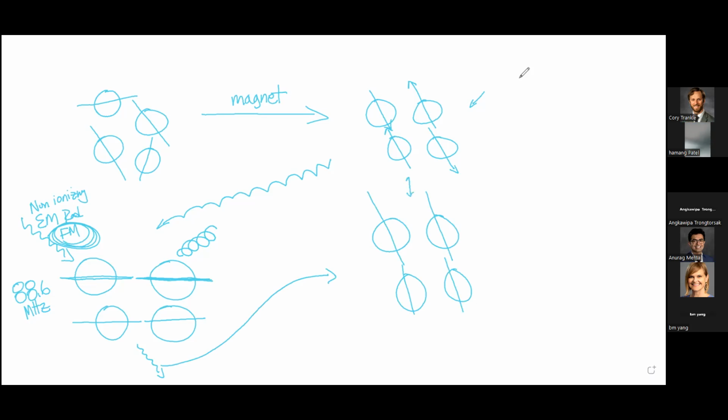And when they do, they release energy. And when they release that energy, there are antennae that sit out here, and they pick up that energy. And that's what's used to make the pictures.